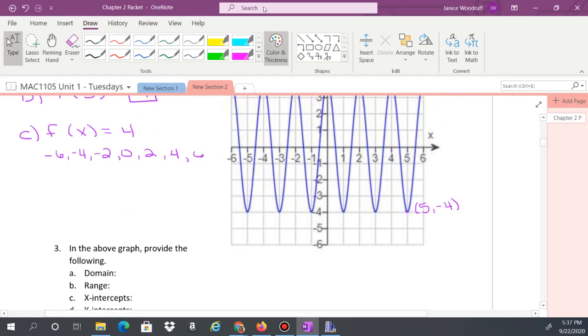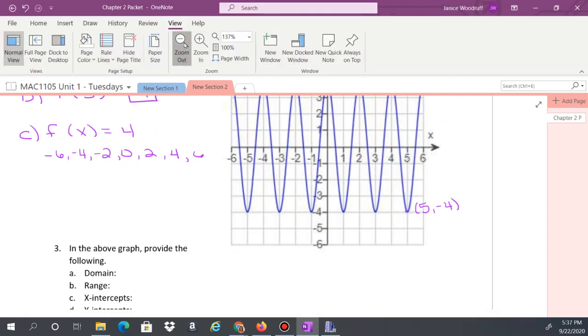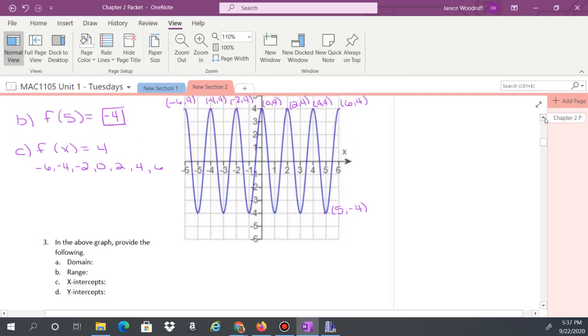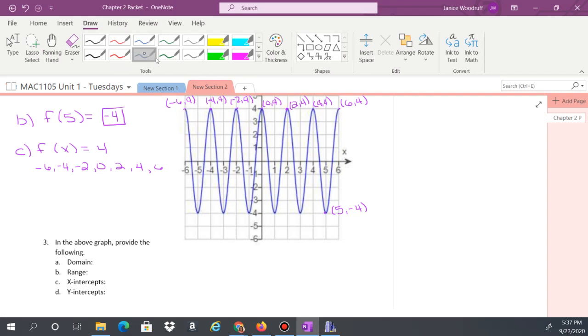All right, and then in the graph, we want to provide the domain, the range, the x-intercepts, and the y-intercepts. So for the domain, you're going left to right. My leftmost point goes off the graph. When it goes off the graph, we're assuming it's an arrow, so the leftmost point here is going to be -infinity.